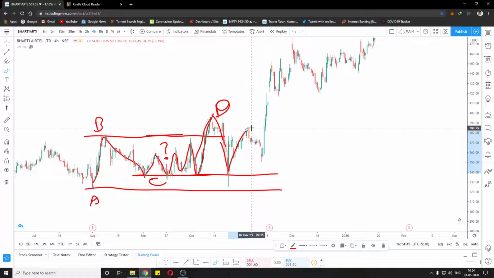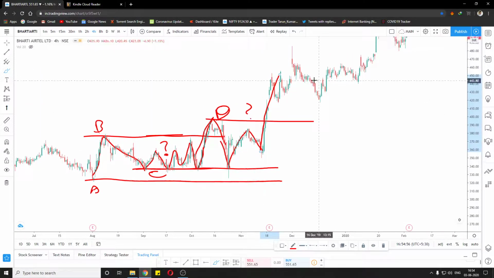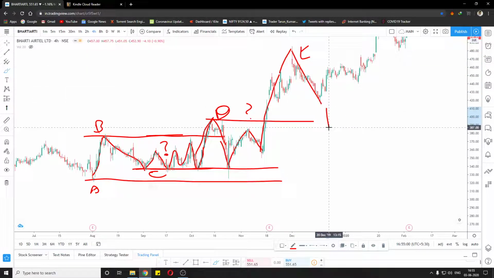Now we have a question mark because the market couldn't cross point D, but it is stuck in between D and C. But then we had a breakout. Now this became our point E. This becomes our point F, and it keeps on going like that.